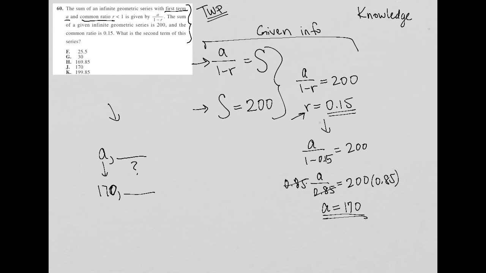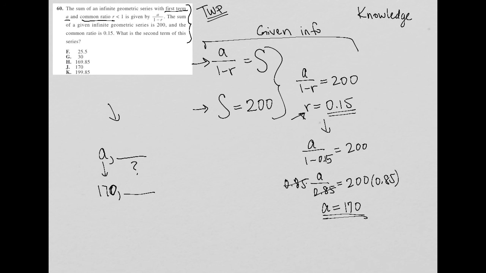And what makes a geometric series different from an arithmetic series is that with an arithmetic series, you're adding the same value to each number in the series, right? Each number in the list of numbers, you're adding the same value to it. For a geometric series, you're multiplying each number by the common ratio in this case, right?